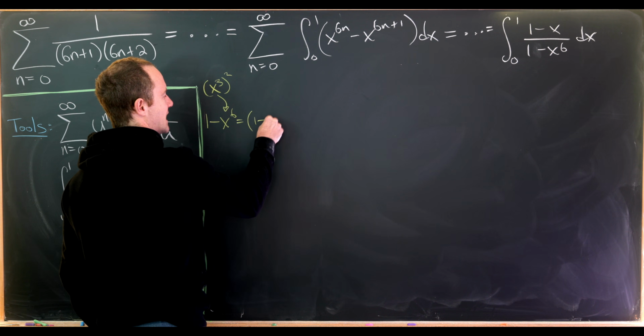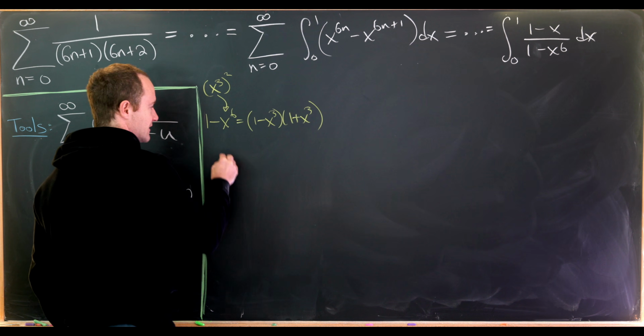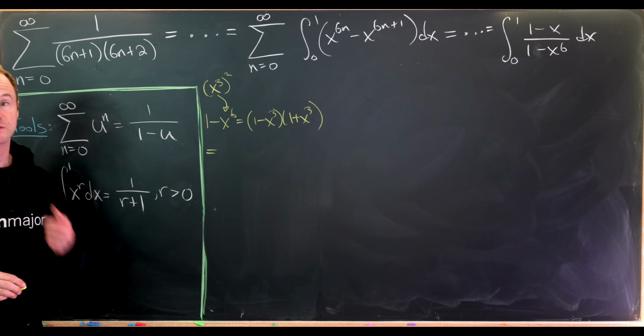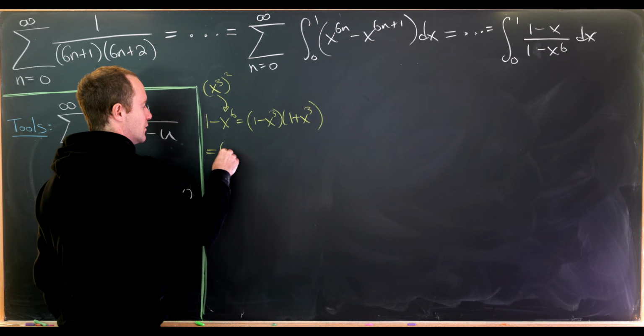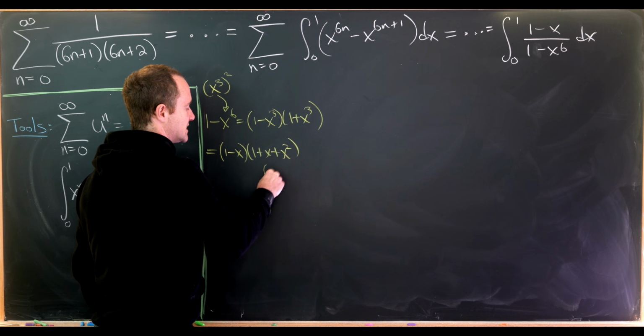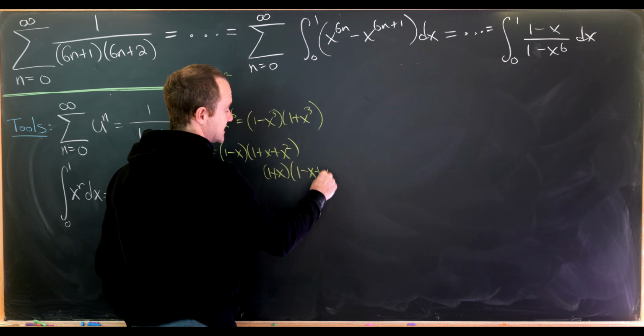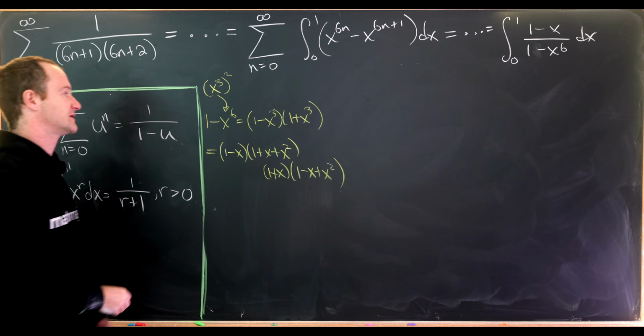That'll leave us with 1 minus x cubed times 1 plus x cubed. And now we can factor each of those using a sum of cubes and a difference of cubes. We'll have (1 minus x) times (1 plus x plus x squared) times (1 plus x) times (1 minus x plus x squared). So we have something like that.